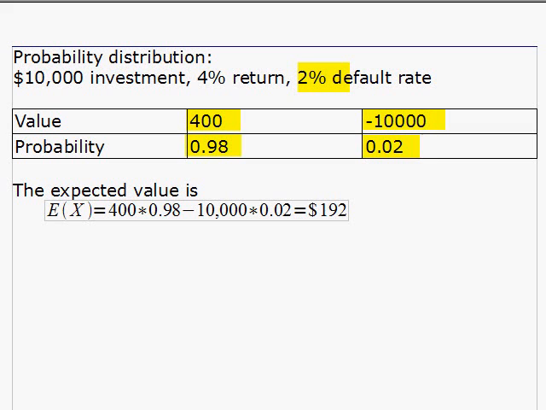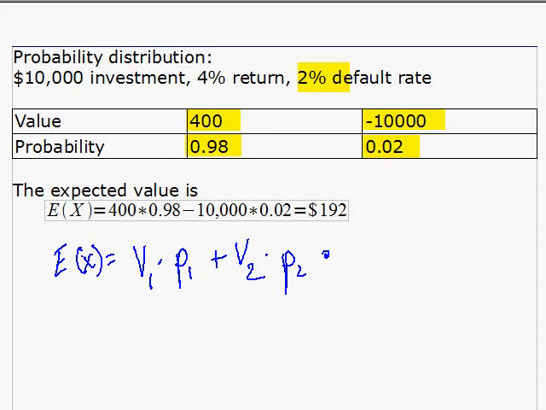Now remember what expected value is. To find an expected value for this experiment, you take each value, value 1, times the probability that it will happen. Then you take value 2, could have used x's, but I'm going to use v, times the probability that 2 will happen, and keep going, adding all those up.